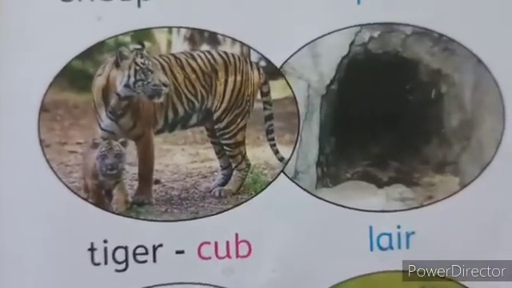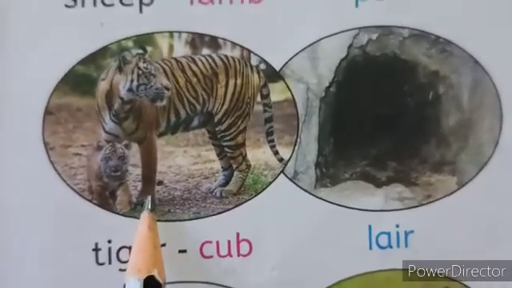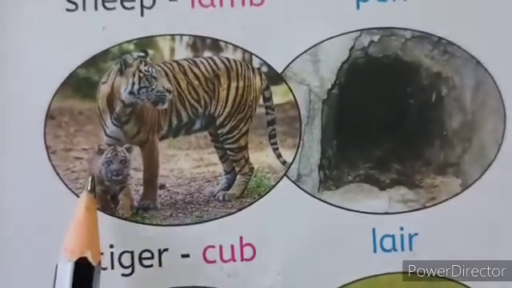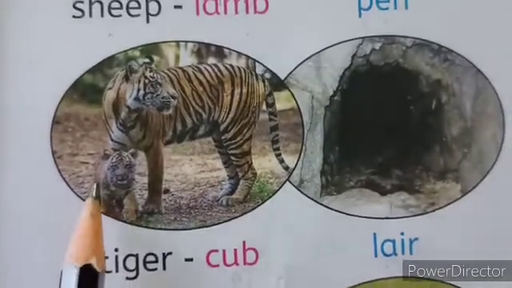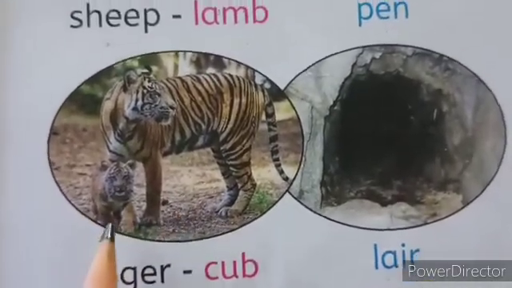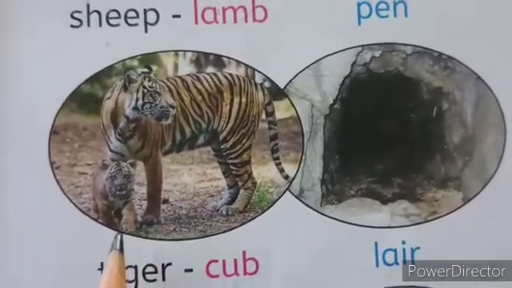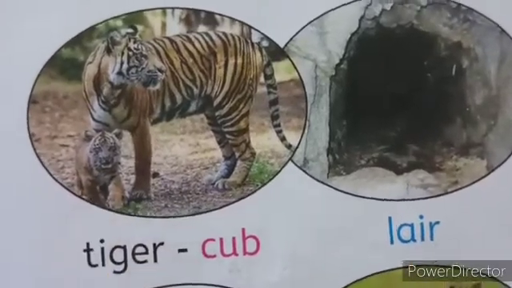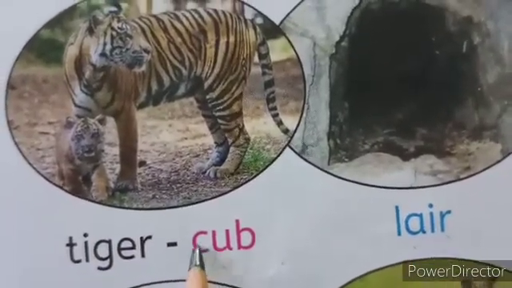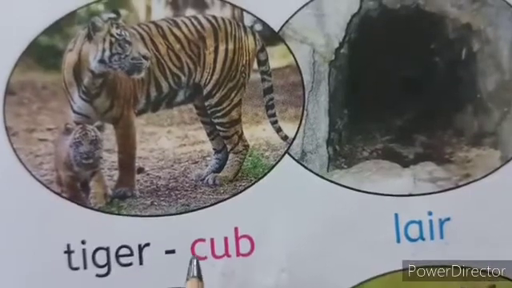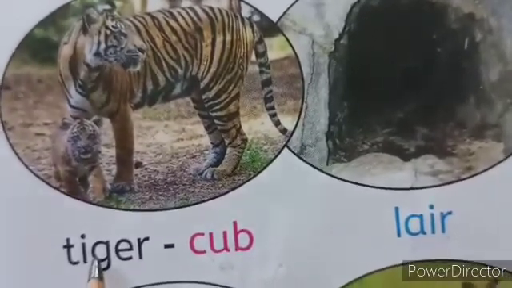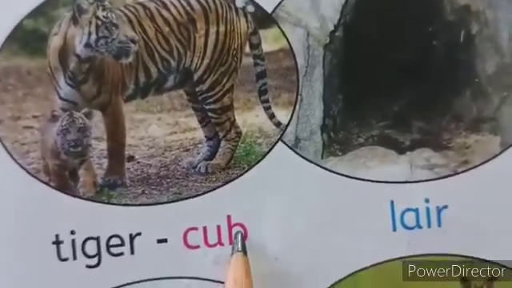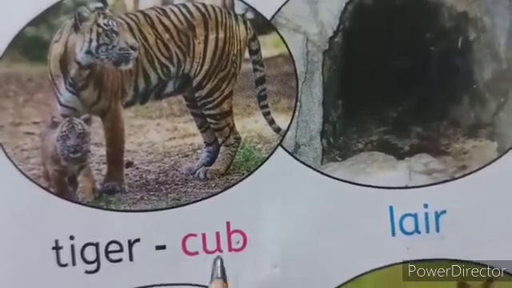See, children, next one, tiger and cub. Name of the young one, cub. What is the spelling of cub? C-U-B. Cub. Tiger, name of young one, cub.